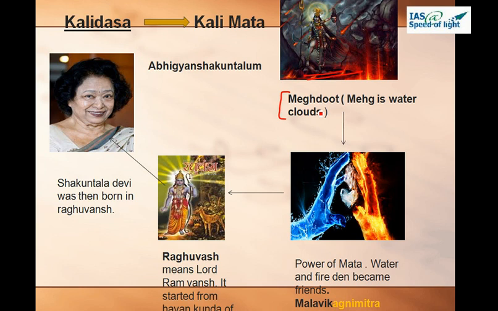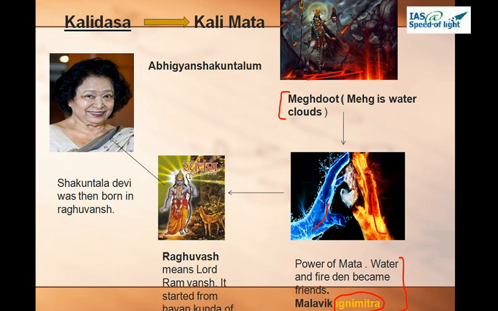And then let us see what happens after the rains. With the power of Mata, water and fire then become friends. Water and fire. Water, see here, and this is fire. So they are becoming friends now. Agni Mitram. Malavik Agni Mitram. So, see, we need not remember the full name.